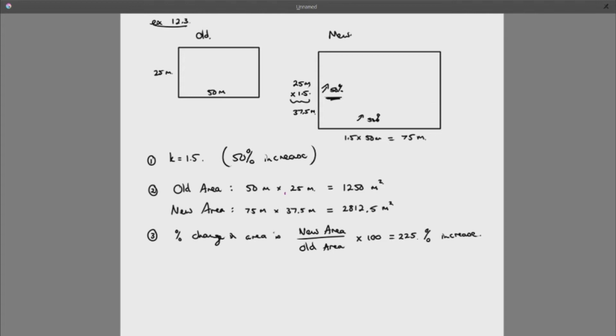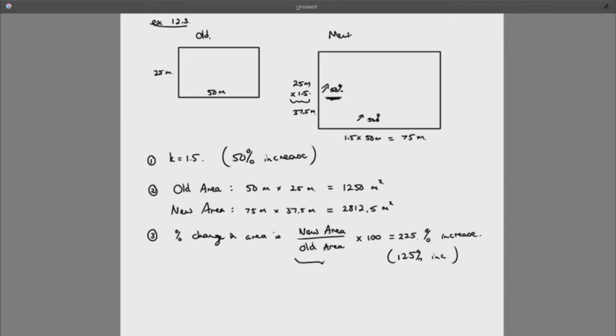The increase is from a base 100, which means it's 125% increase on top of the original. So it's more than double. Even though the side lengths only increased a little bit, the side lengths didn't double, but they double the area in the end. So the area changes in a different way than the side lengths do. It's not the same proportional change.